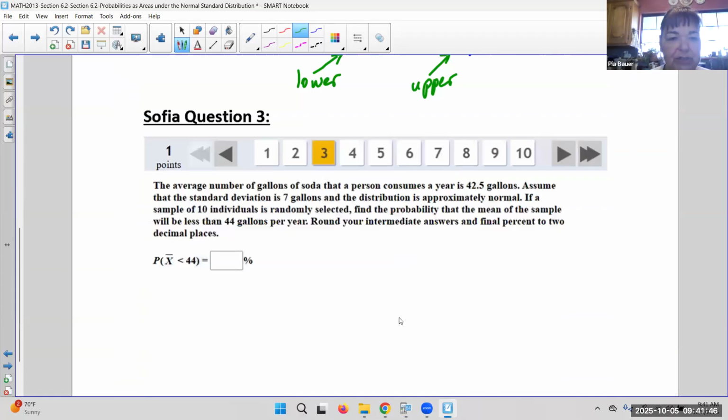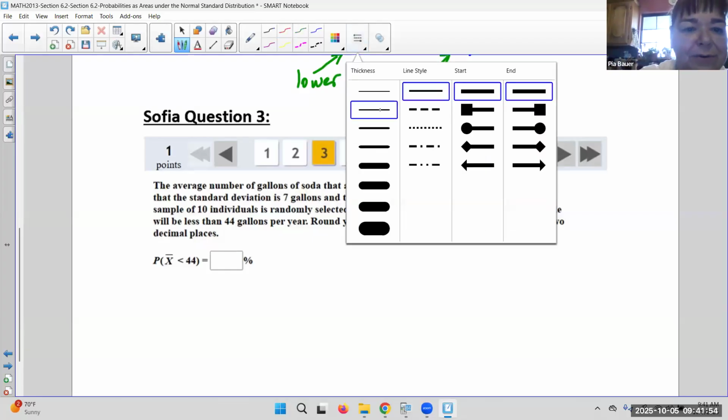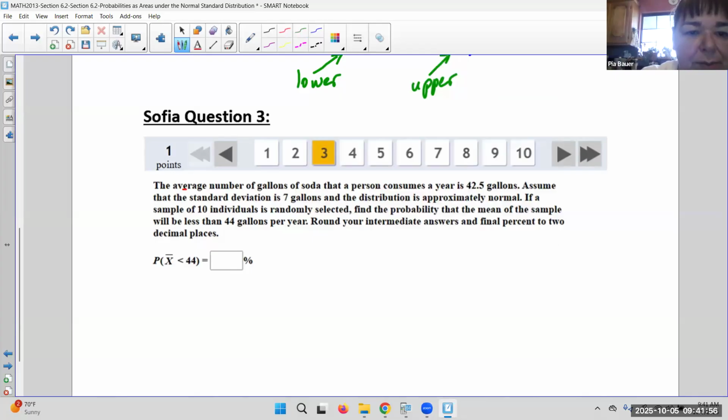Okay, let's look at question 3, and they're the same type. We're looking for a probability for the mean of a sample. So we have here the average number of gallons of soda that a person consumes a year is 42.5 gallons. So that would be mu.